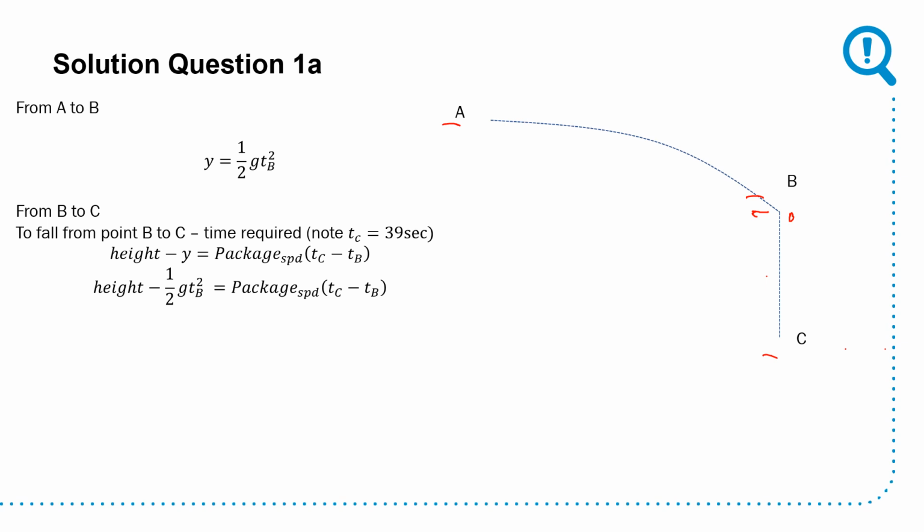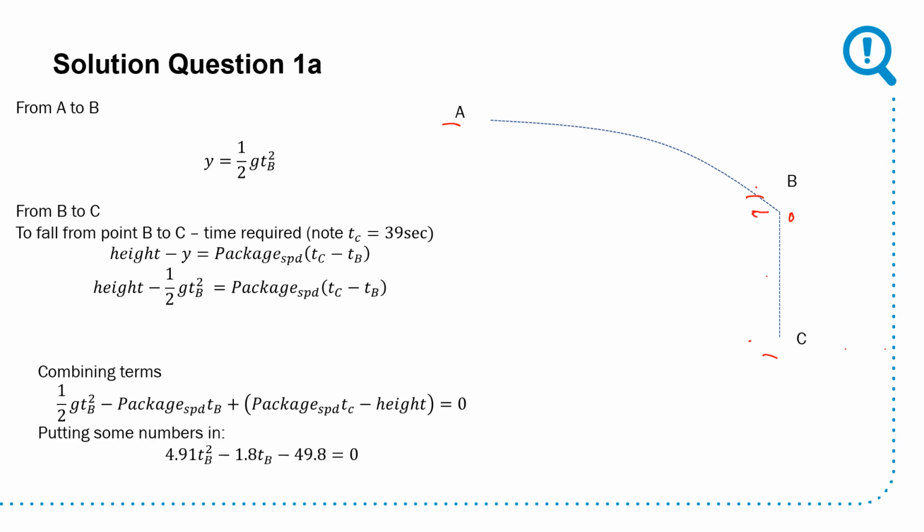The package has a speed that you can calculate directly from the delta t from B down to point C. t_C is of course greater than t_B, and you know what the heights are.